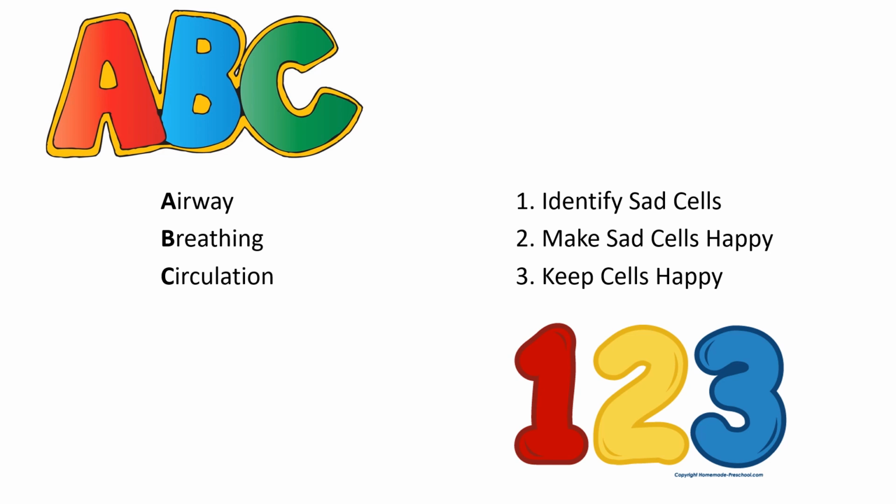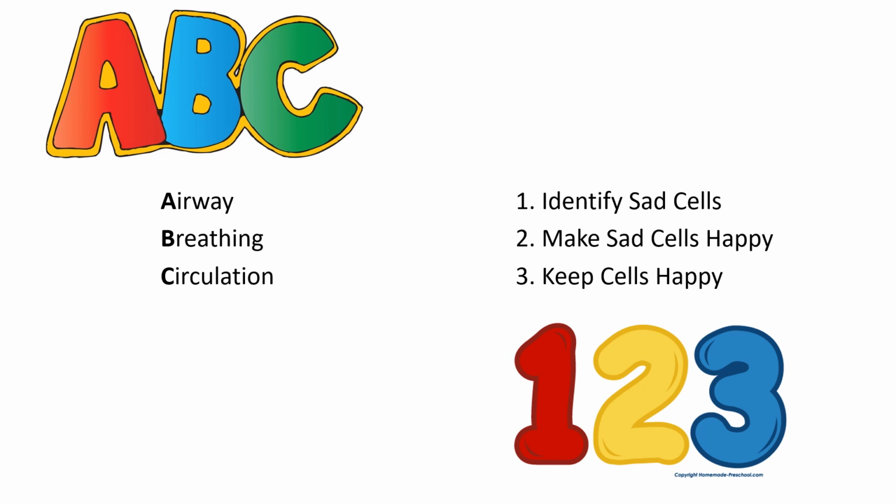And we know that once we get the ABCs under control, we can start identifying the sad cells. Really, across the entire spectrum of care providers, the skill is in patient assessment. That's why assessment is so important: we have to be able to identify what part of the body systems are affected.